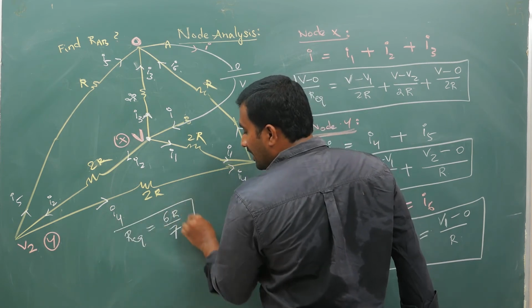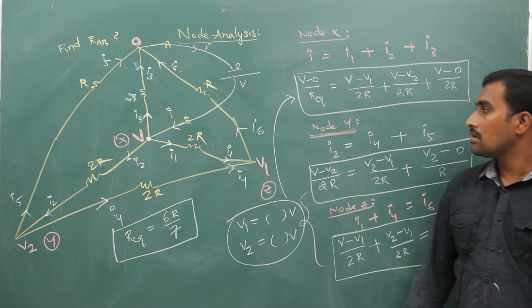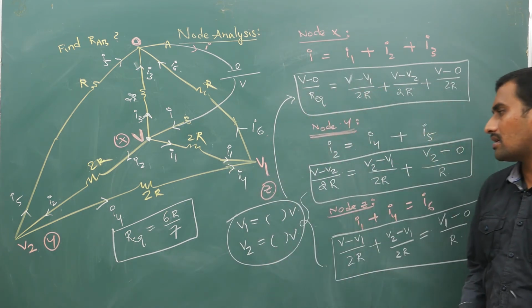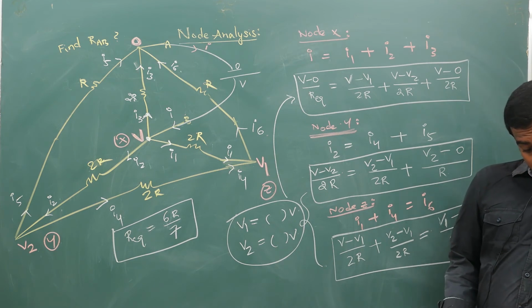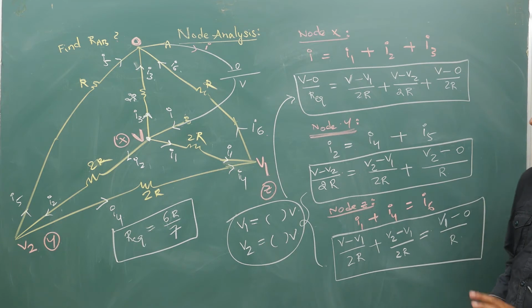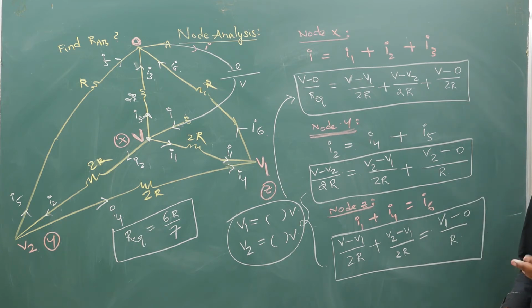So later I will explain how to solve this question in a different manner, that star to delta conversion also can be done. But first, this is your basic idea. So if you have any doubts, just keep asking me.